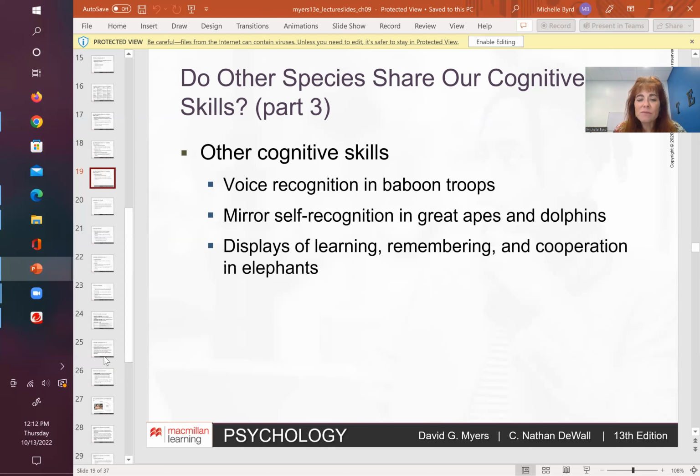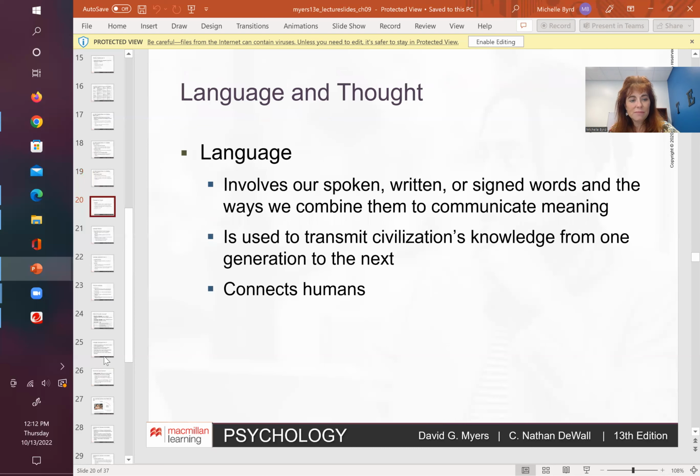And this is true of many other animals as well, especially mammals. So we would be remiss to think that animals don't have feelings and thoughts and empathy, and that they don't help each other, because they very much do.